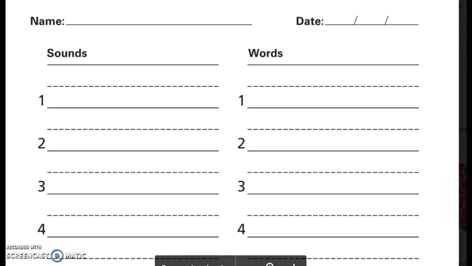Okay, so now we're going to say that word again, but we'll leave out the R. So think about that, manipulate that in your head. So we went from frog, now we're going to leave out the R and say fog. Very good.